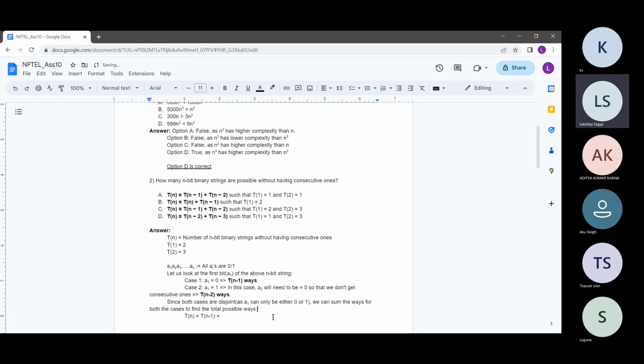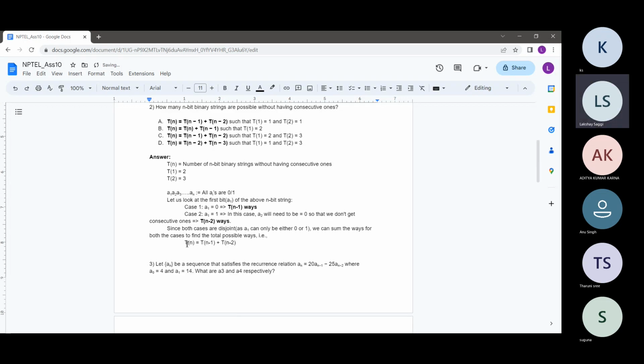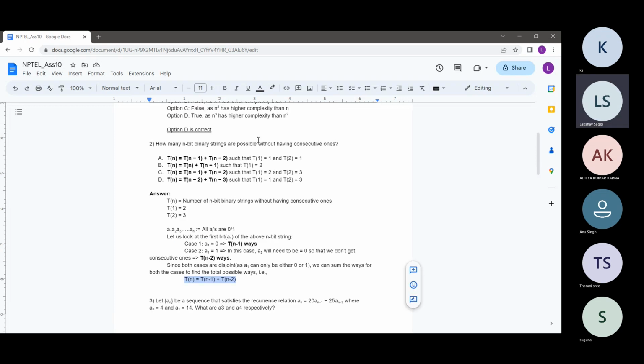So what I'm saying is, as both case 1 and case 2 are disjoint, we can sum the number of ways for both cases to find the total possible ways. What this statement says, in mathematical form, is t of n equals t of n minus 1 plus t of n minus 2. So this is the recursion formula for our problem statement, the number of n-bit binary strings without consecutive ones. This is the formula, and the base case is t of 1 is 2 and t of 2 is 3.